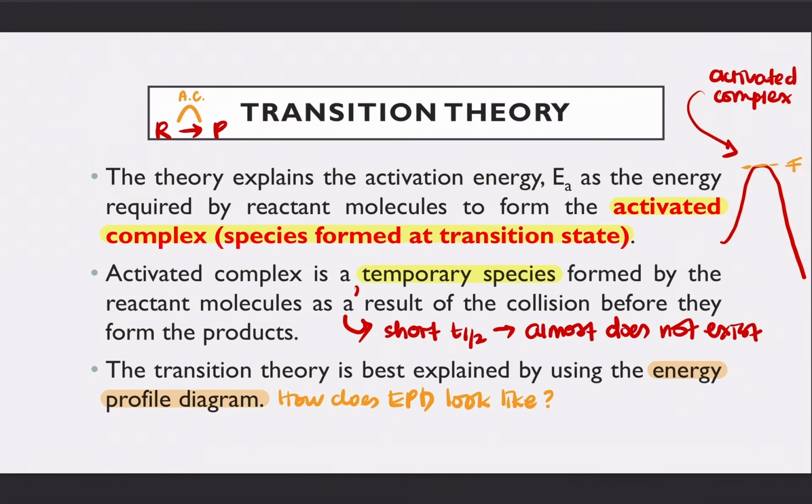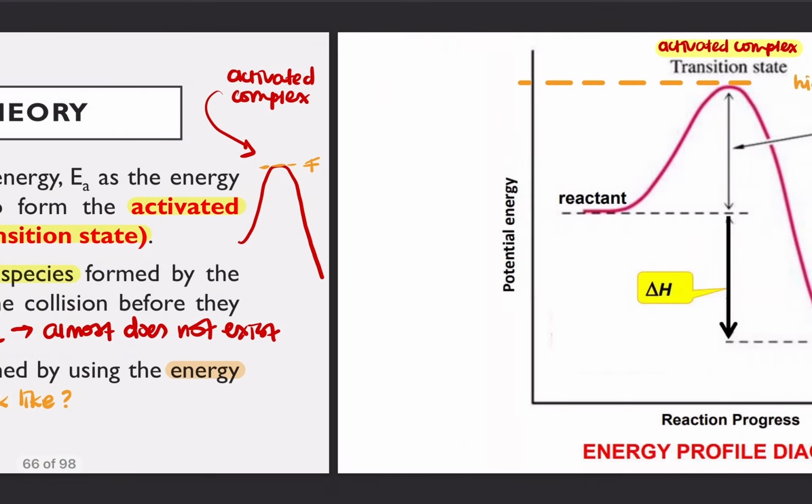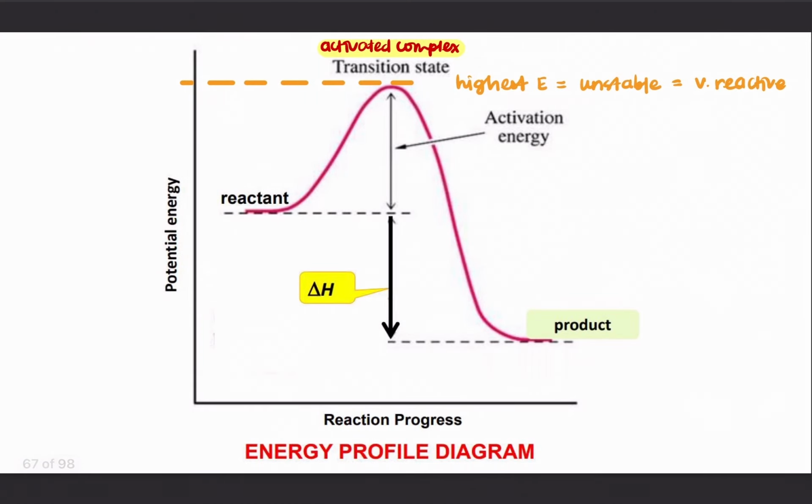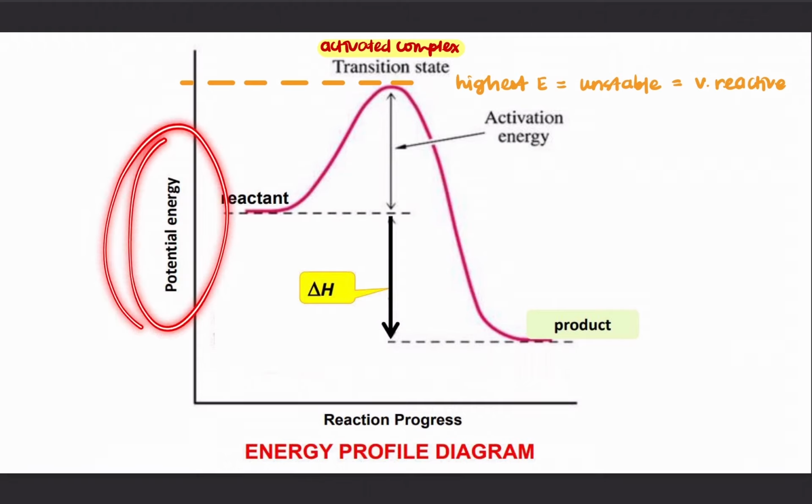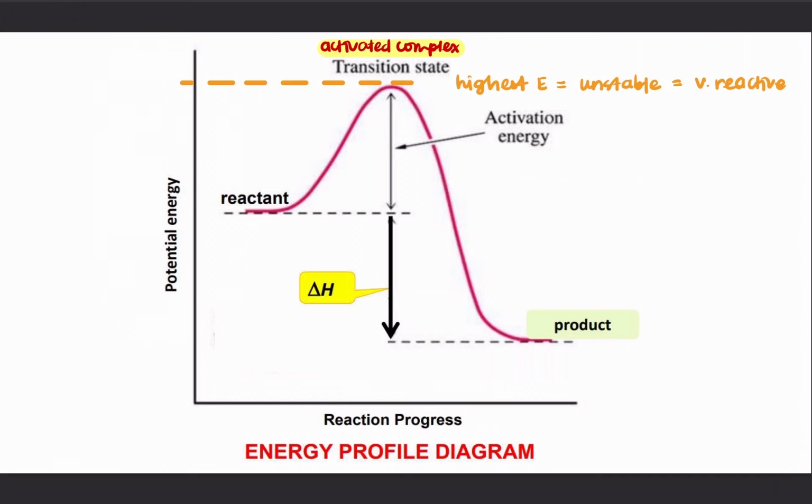To get more understanding of this transition theory, we're going to look at the energy profile diagram. On the next slide we will look at how a typical energy profile diagram looks. Energy profile means we have potential energy, in kilojoules or joules, as your y-axis, and on your x-axis you have your reaction progressing from your reactant to activated complex or transition state to your product.